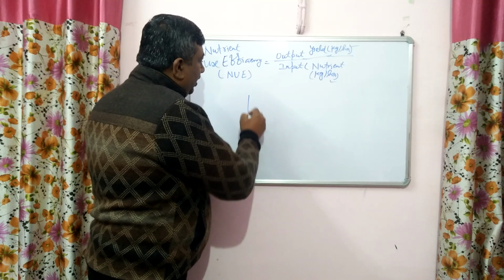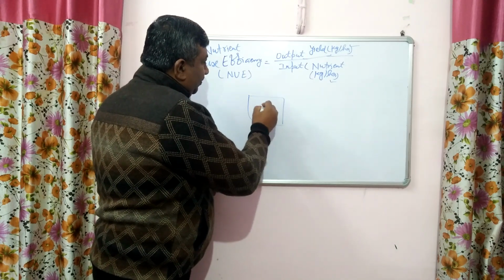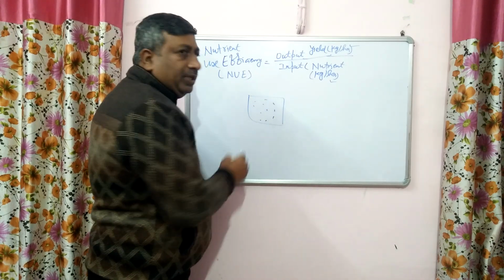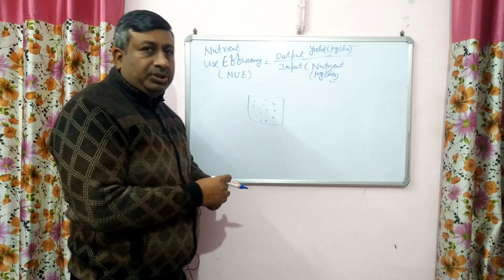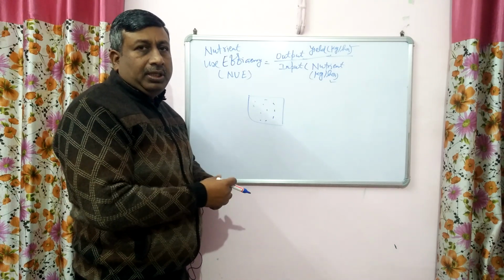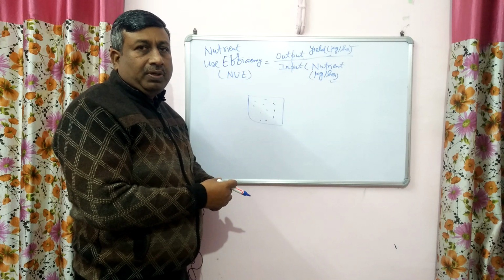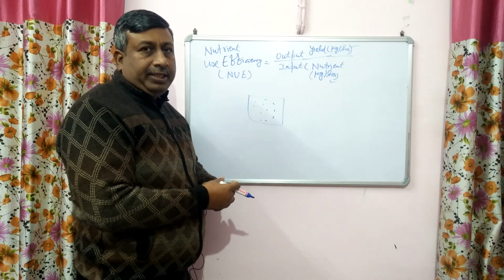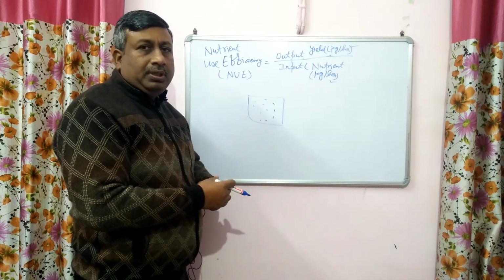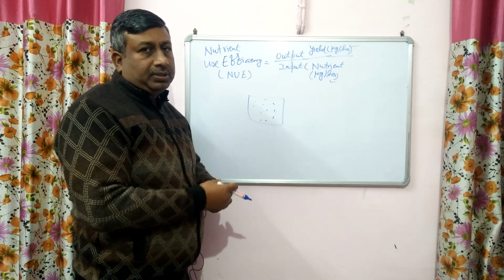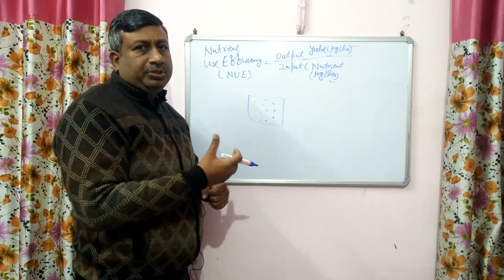But in the field, what happens? Suppose we are talking about nitrogen use efficiency; we can calculate nutrient use efficiency for every nutrient separately, whether nitrogen, phosphorus, potassium, or whatever nutrient.